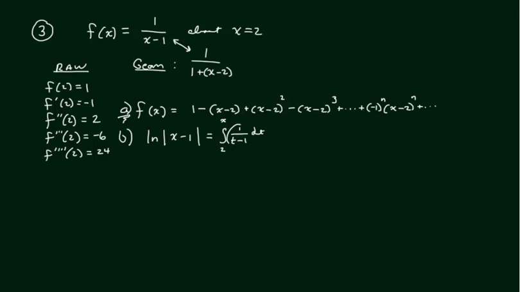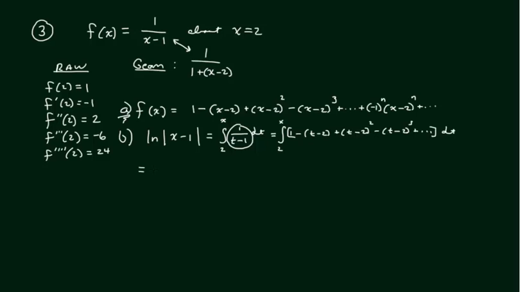So we found the series for this in part A, and now we're taking the integral from 2 to x of the series using a dummy variable t along the way. So this is going to be the integral from 2 to x of our series in terms of t: 1 minus t minus 2 plus t minus 2 squared minus t minus 2 cubed plus dot dot dot, and we take that with respect to t.